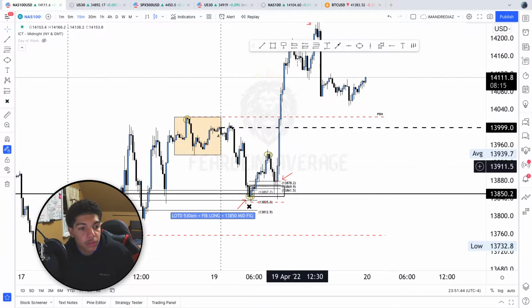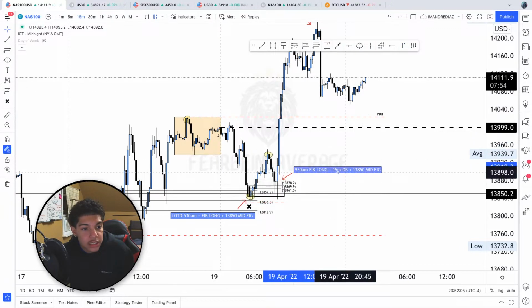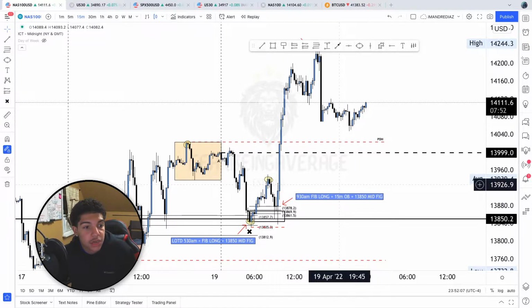At 9:30, we had the fib long, plus that 15-minute order block rejection, and we also traded back into that 13,850 mid-figure level. And then price overall expanded to the top side and flew.